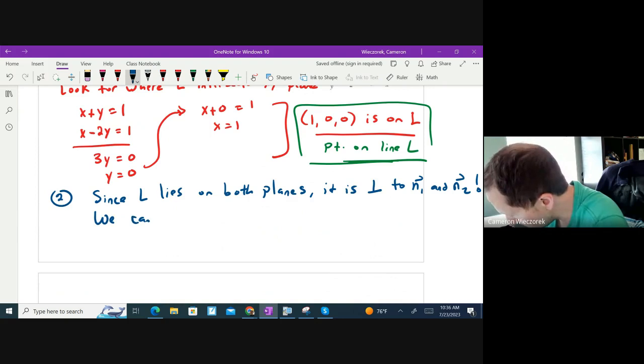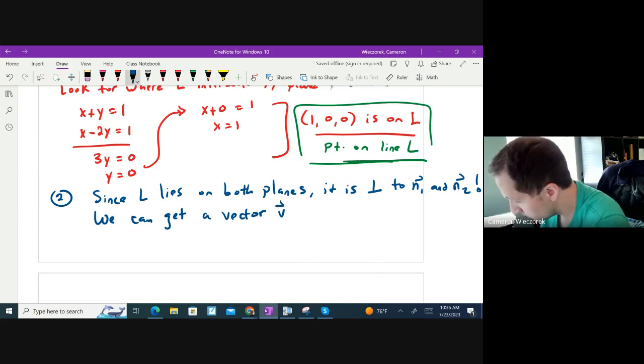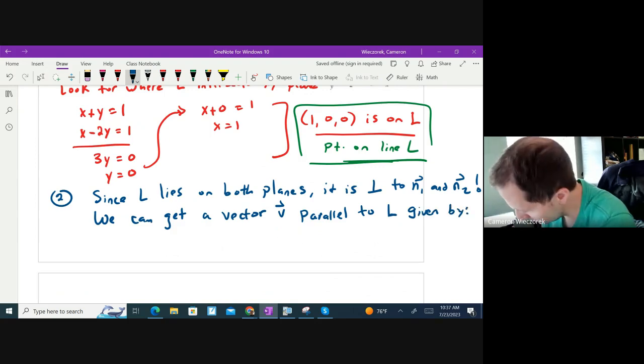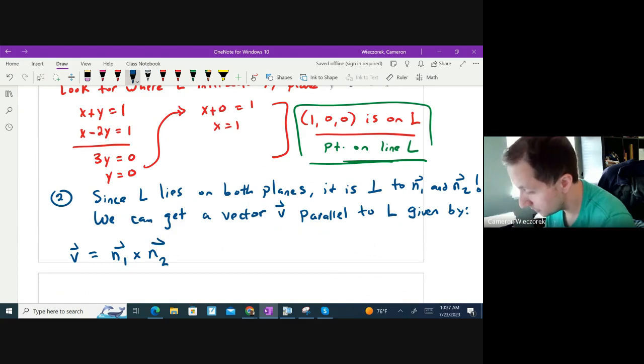We can get a vector, I'm going to call it V, call it whatever you want, parallel to L. We need a direction vector, we'll call it V, given by the cross product of those two normal vectors. So we're going to let V, you can do n1 cross n2 or n2 cross n1, it does not matter. Both of them are going to specify the correct direction of the line.